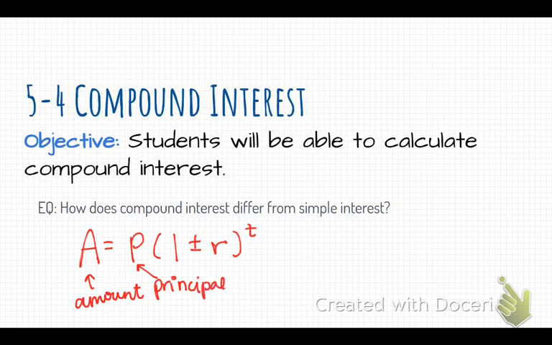Good. And then I have times 1 plus or minus R. Why do I have to do 1 plus or minus R? Yeah, so 1 stands for 100% of my initial amount, and then I either add the rate if I'm growing or I subtract the rate if I'm decreasing. And then T is the amount of time that has passed, okay?